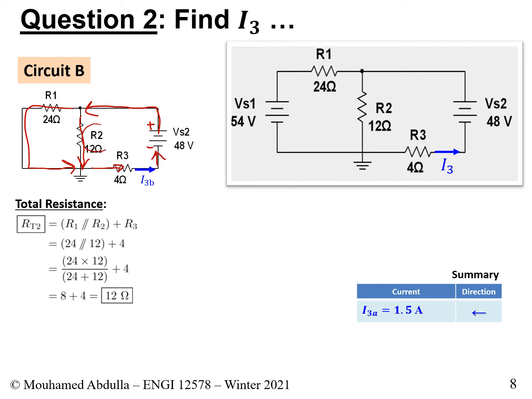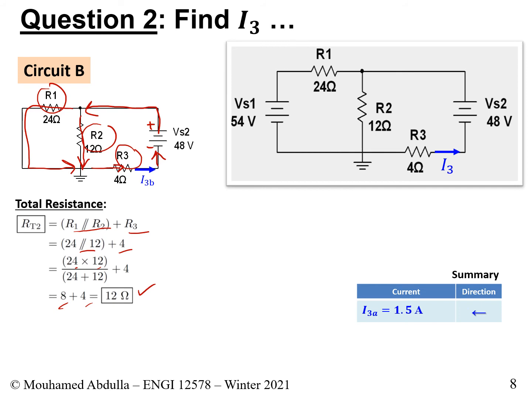So it's really R2 and R1 that are in parallel, and then we add R3 to it. R1 and R2 in parallel is 24 in parallel with 12, and we add 4 to it. That gives us 12 times 24 over 24 plus 12, plus 4. This becomes 8 plus 4, and therefore we get 12 ohms for the total resistance of circuit B.